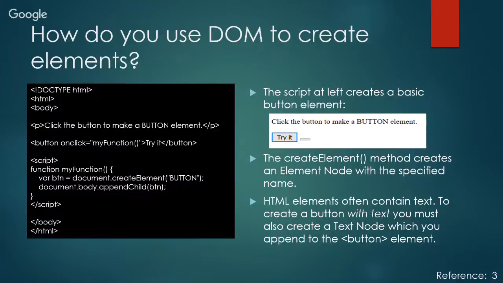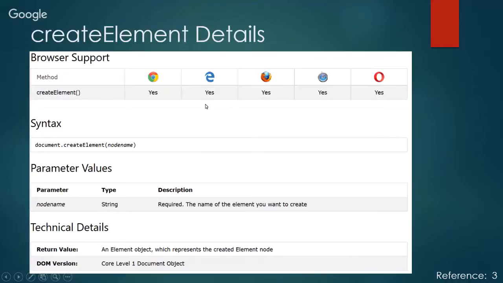And then the HTML elements will often contain text. And if we wanted that button to have specific text, then we would use the appendChild method, which we'll get to next. We can see the syntax here: document.createElement, and then the node name that you want to create the element for. It is a string.